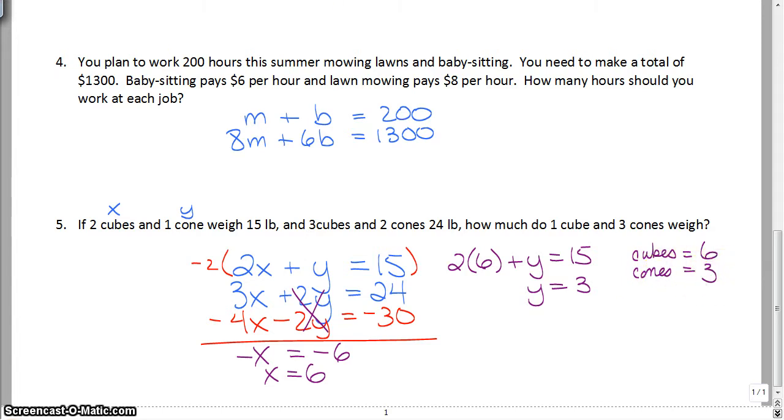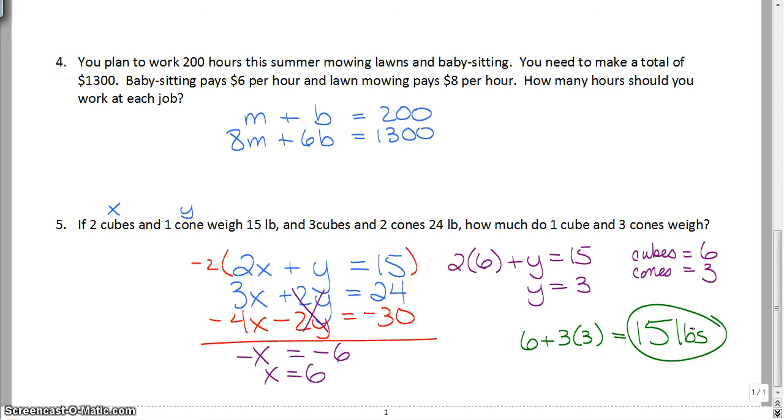So now to finish this question, we still have to answer it. We haven't answered it. All we did was solve for x and y. So how much does 1 cube, 6 pounds, plus 3 cones weigh? So you have to answer 15 pounds. You do not just leave your answer at 6, 3.